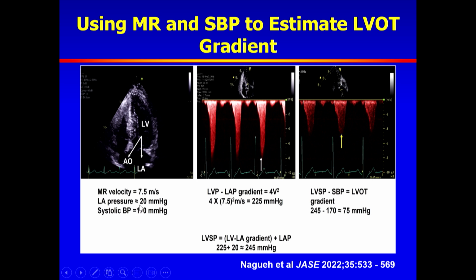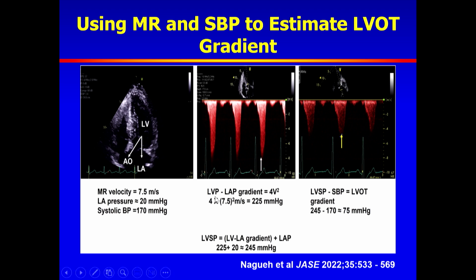We will assume LA pressure is 20 millimeters mercury. I'll come back to that assumption and whether it hurts you that much if you give 20, 10, or even 0. And then we measure the systolic blood pressure with the cuff of 170. We make the assumption that the systolic pressure of 170 is the pressure in the root of the aorta. It's an approximation, but for now we will be satisfied with it.